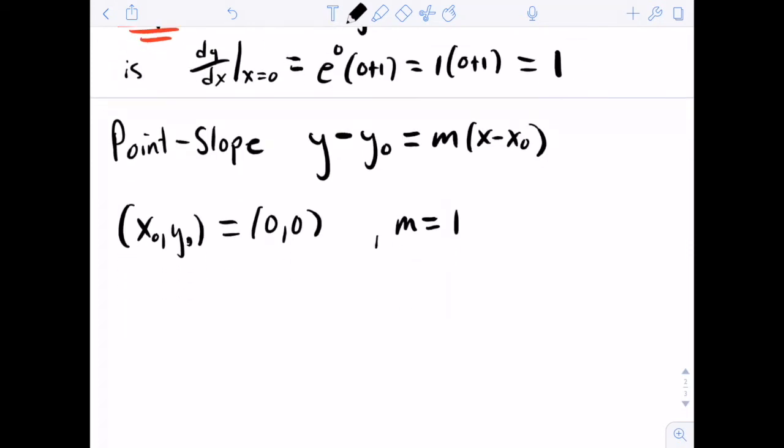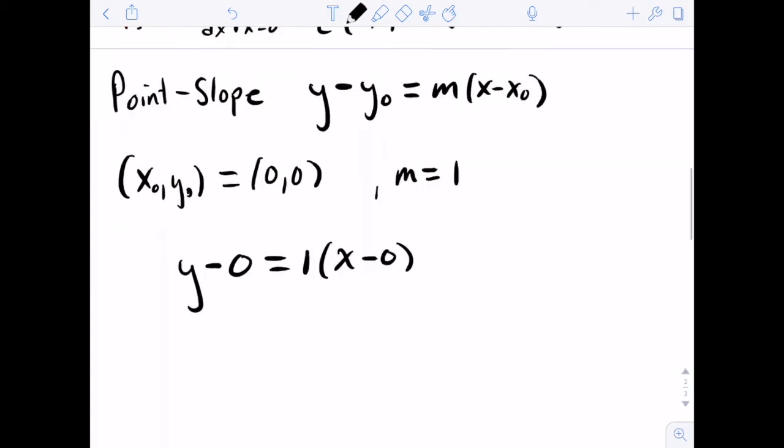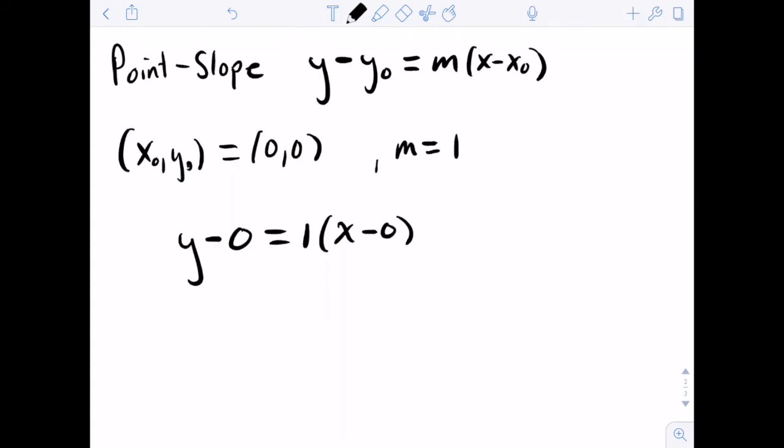We just plug all that into the equation, so we've got y minus 0 is equal to 1 times (x minus 0). This can simply be written as y equals x, and that's the equation of the tangent line at that point.